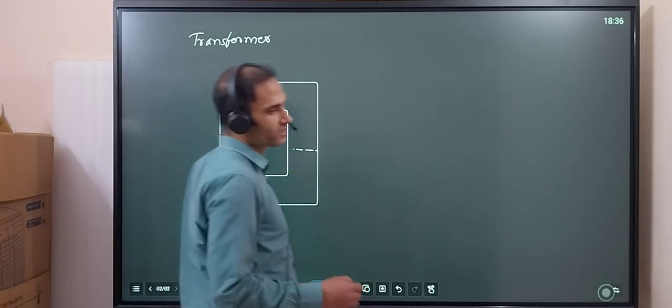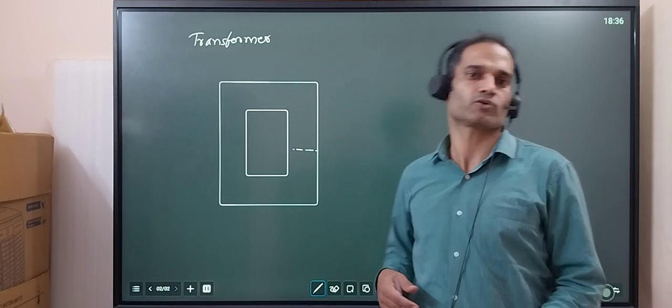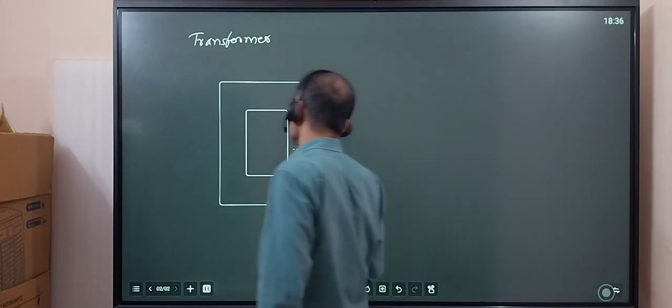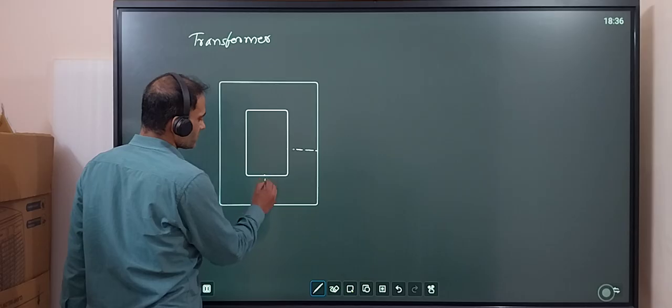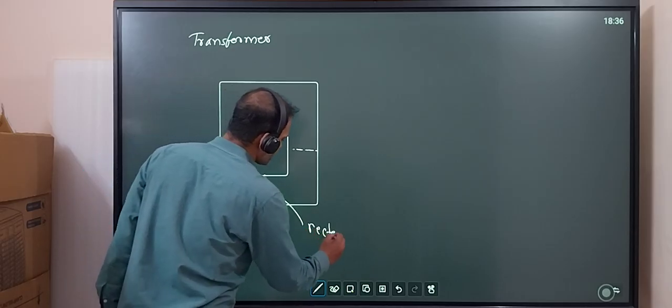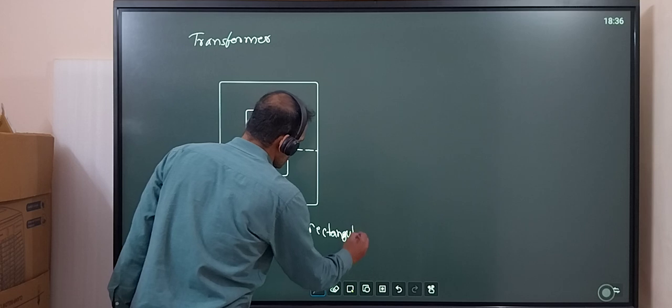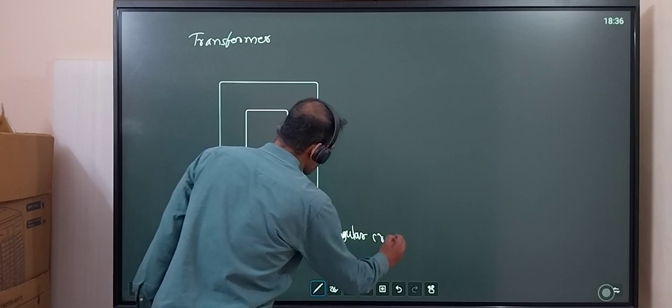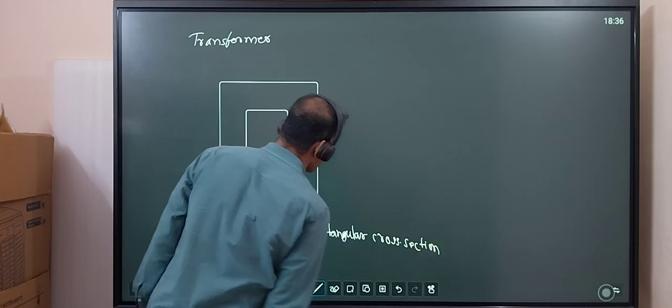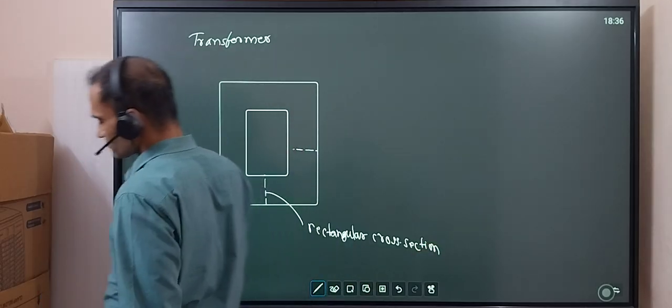If you see the cross section here, it will be a rectangular cross section. Here will be a rectangular cross section, here also a rectangular cross section. It can be a square also, but a square is some kind of rectangle.